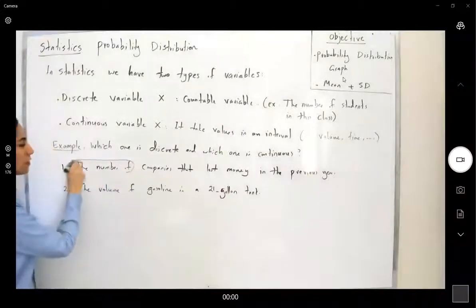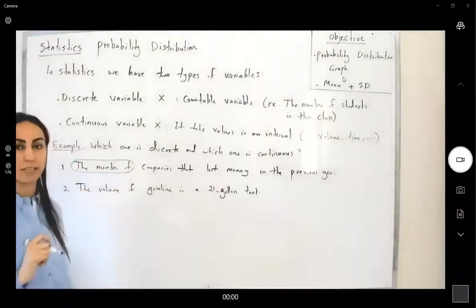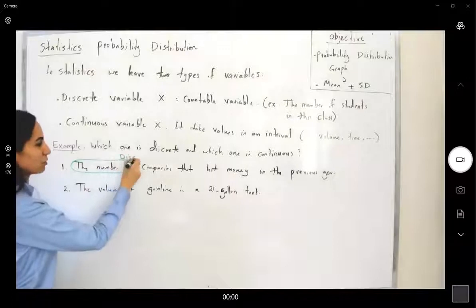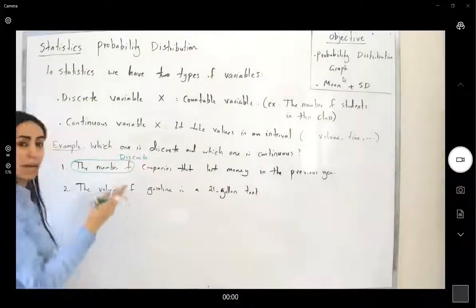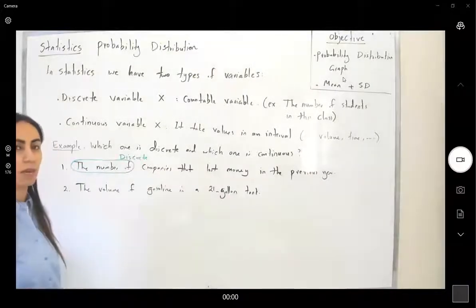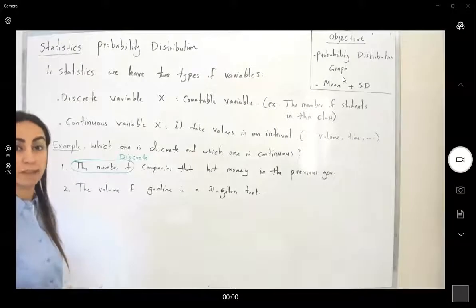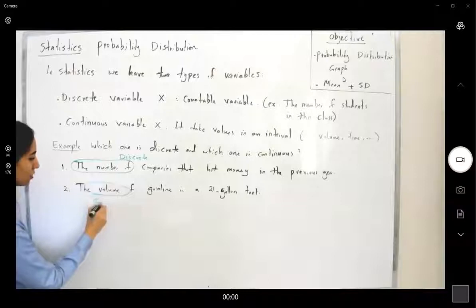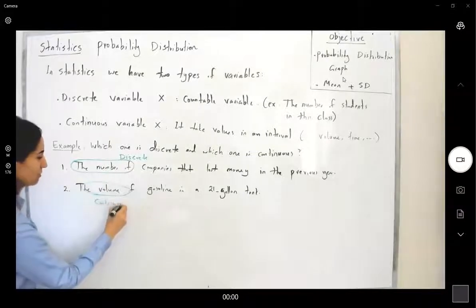When you see the number of in a sentence, it refers to a discrete variable, because you can actually count them. The second one says the volume. How do you count the volume? It is impossible. So the volume is a continuous variable.